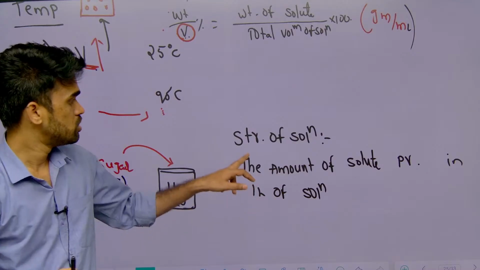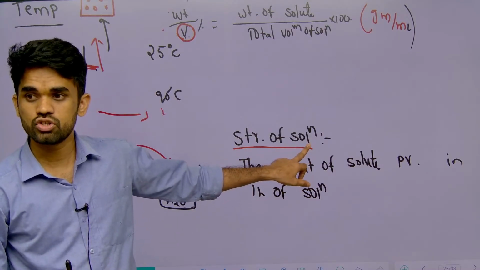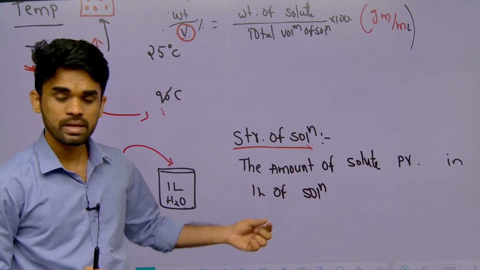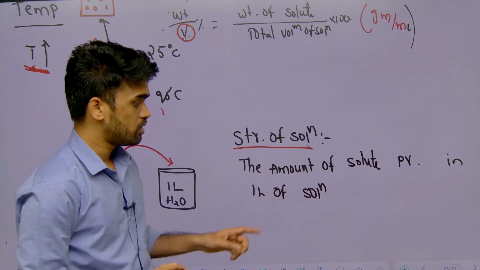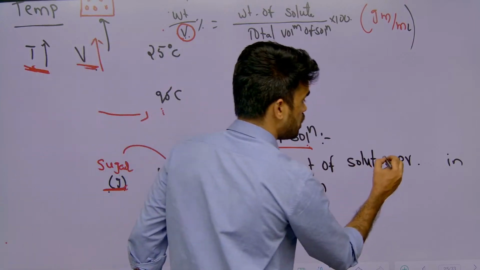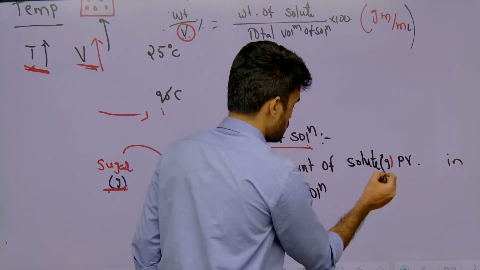Is this clear? So strength of solution means the amount of solute present in 1 liter of solution. Amount of solute here you should say in terms of grams. In terms of what? Grams.